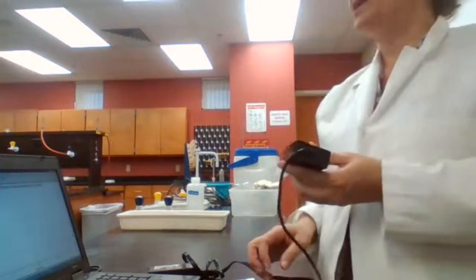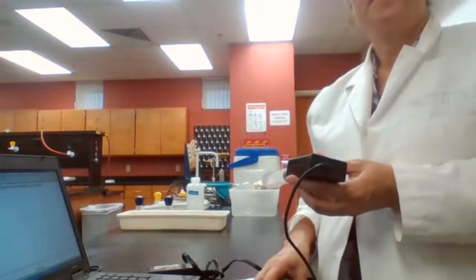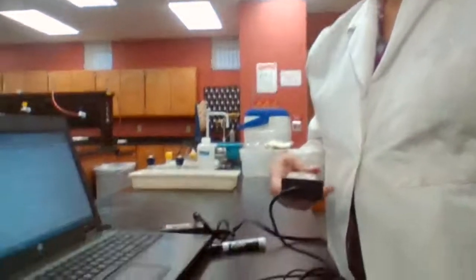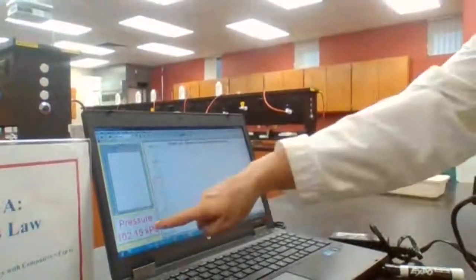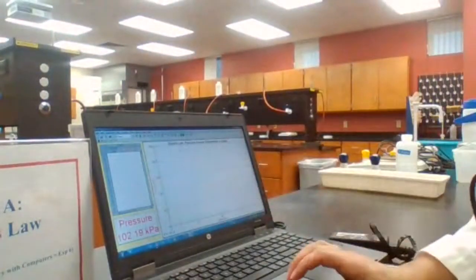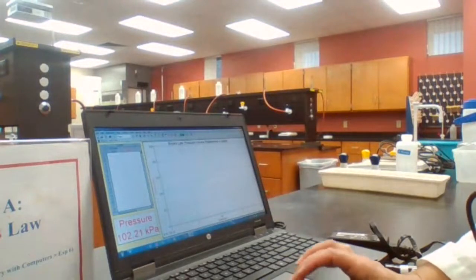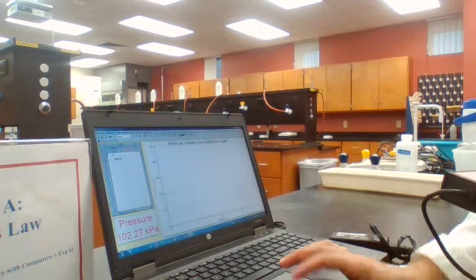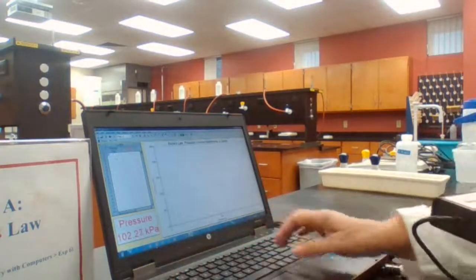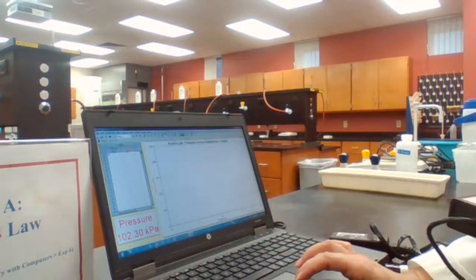Do I do the pressure now? Can you read the pressure? It is the red color here. Can you read the pressure? So, yes, perfect. So this is 10 milliliters.